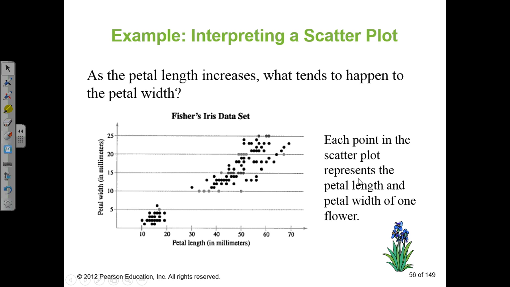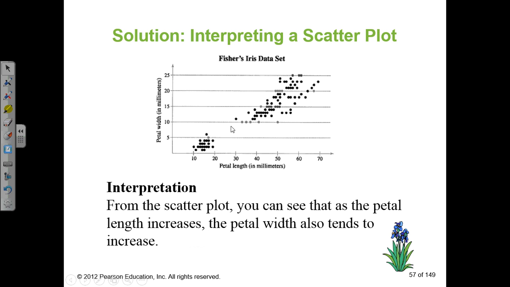We do see from this that as the petal length is increasing, the petal width also is increasing. It looks like about a positive linear relationship. Again, I just want you to be aware that this graph exists. We will be looking at this in more detail at the end of the term when we get to Chapter 9.